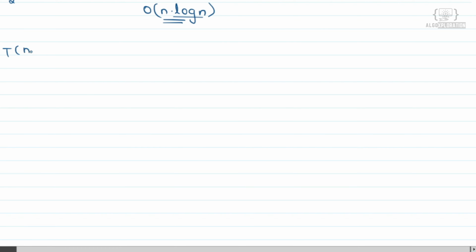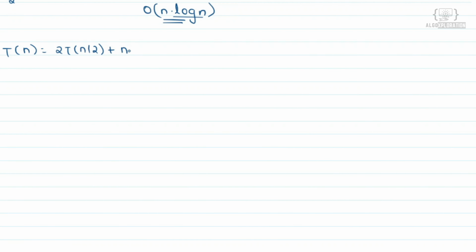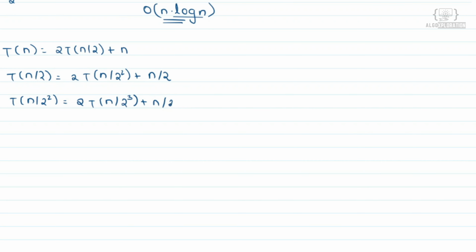So T(n) = 2T(n/2) + n. T(n/2) = 2T(n/2^2) + n/2. T(n/2^2) = 2T(n/2^3) + n/2^2.